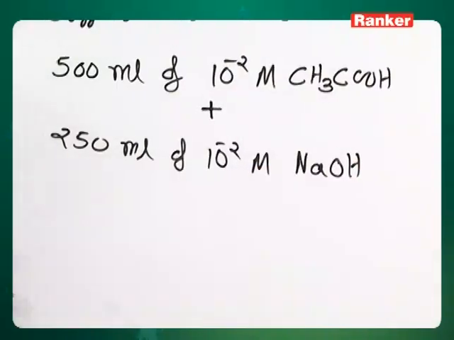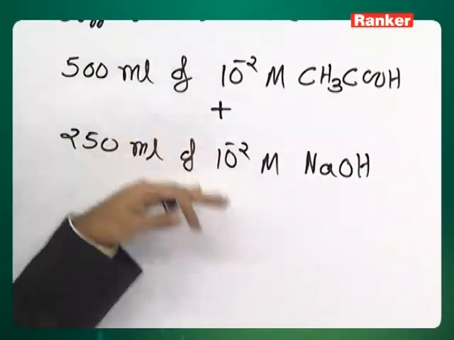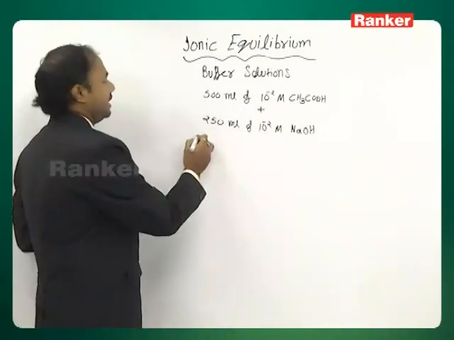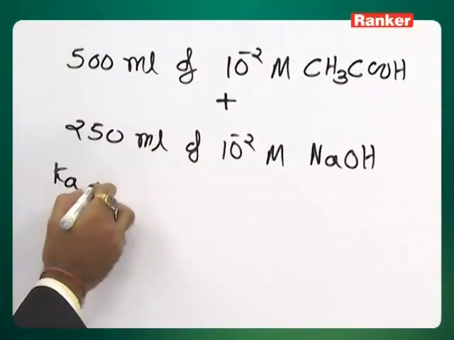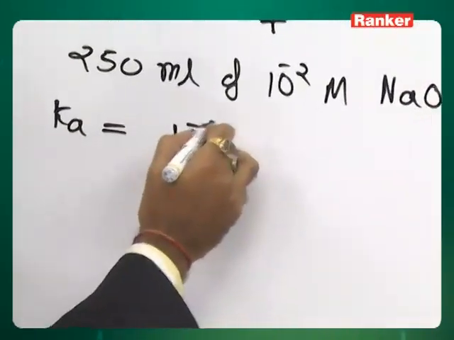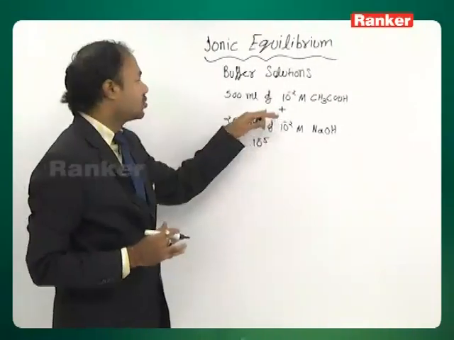He asks you to find the pH of the resultant solution. You have been given that assume Ka of acetic acid is equal to 10 to power minus 5. How to solve this problem?